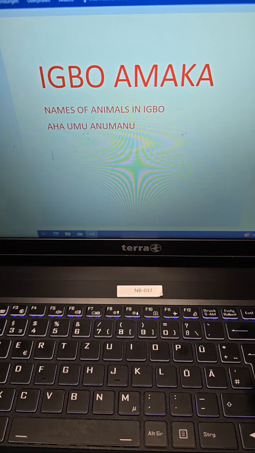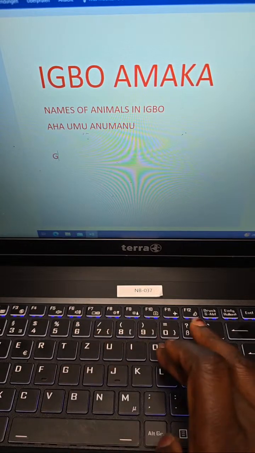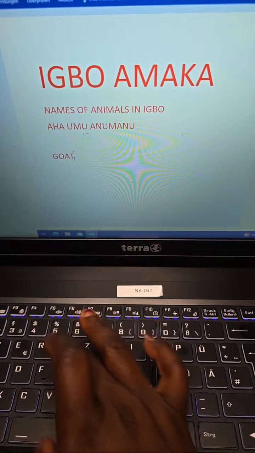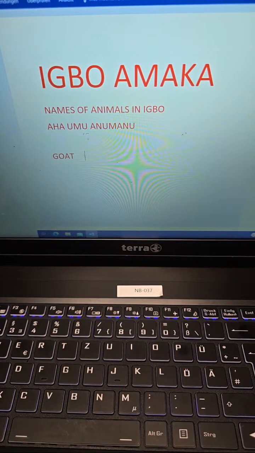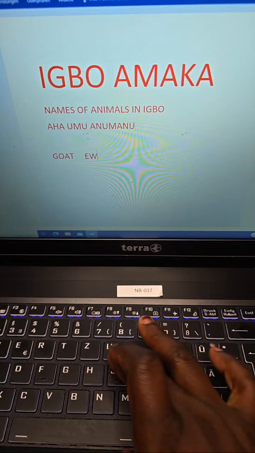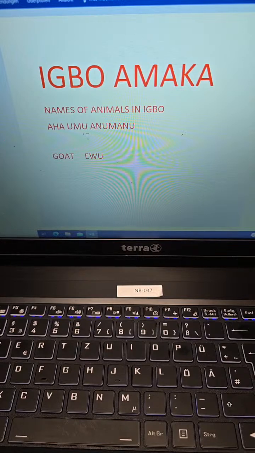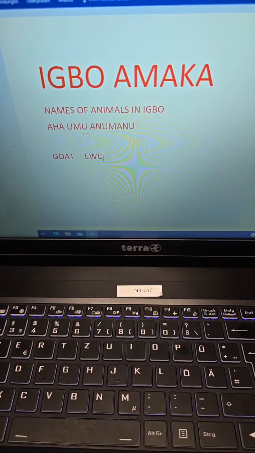Number one is goat. And what is goat in Igbo? Goat is known as ewu. And we know that ewu are of two types in Igbo language.